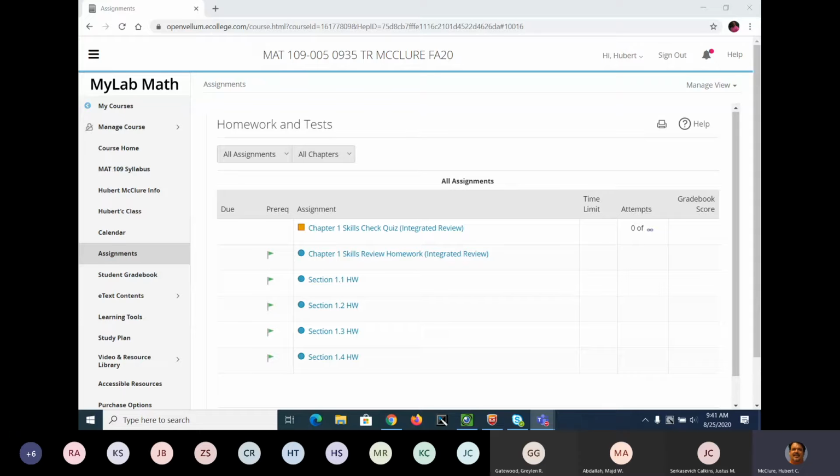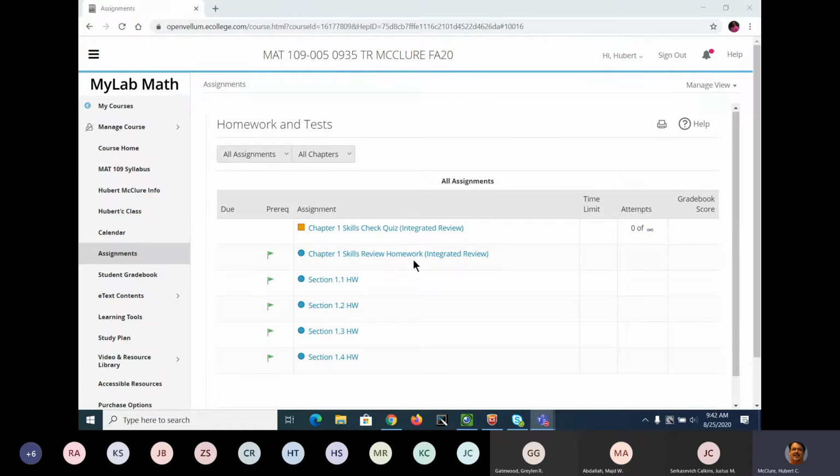I've got something on my glasses and it's about to drive me crazy. There, it's gone. Okay. As you can see, this is the quiz and the review homework, and then you get into 1.1. Now I'm going to show you somewhere else that you can go.